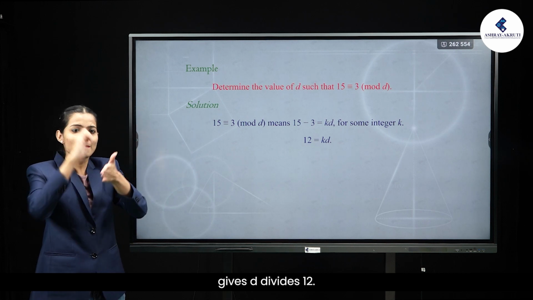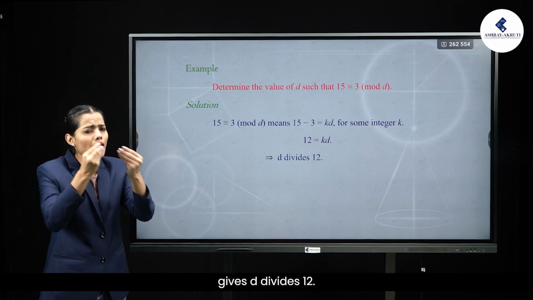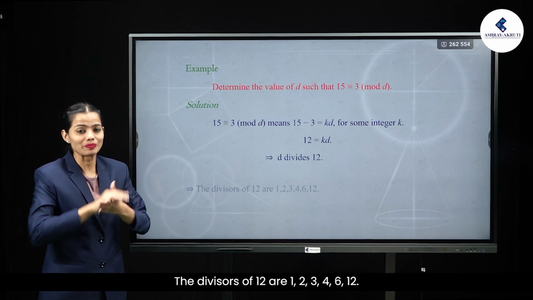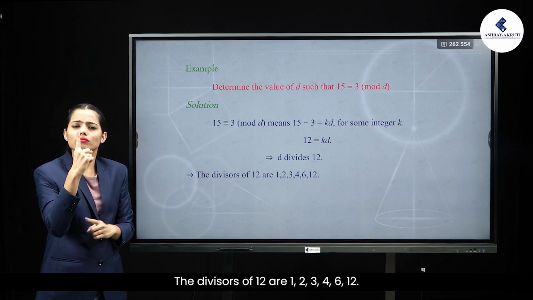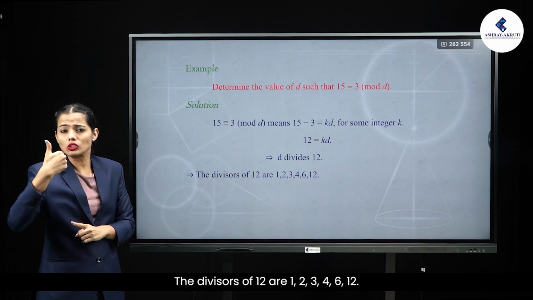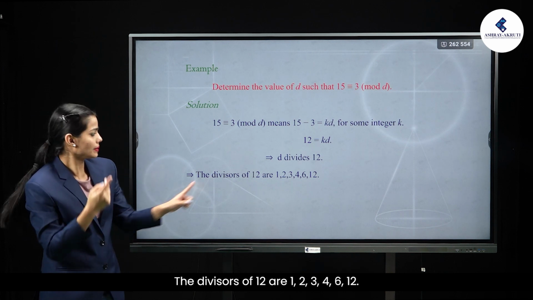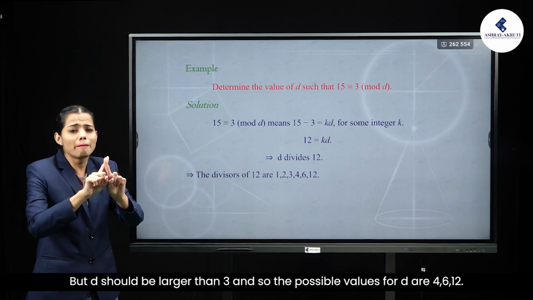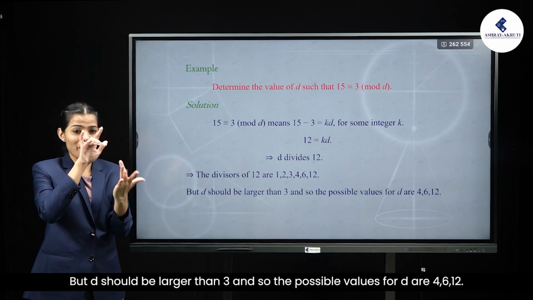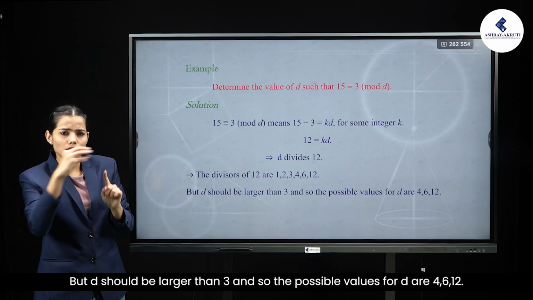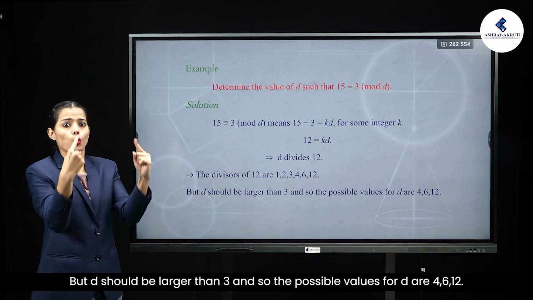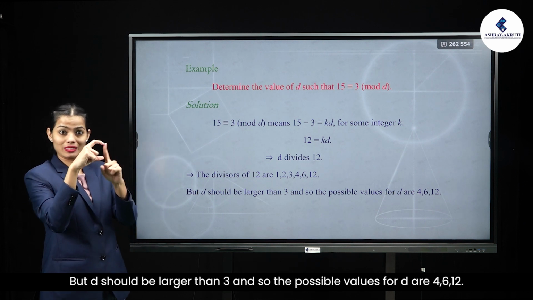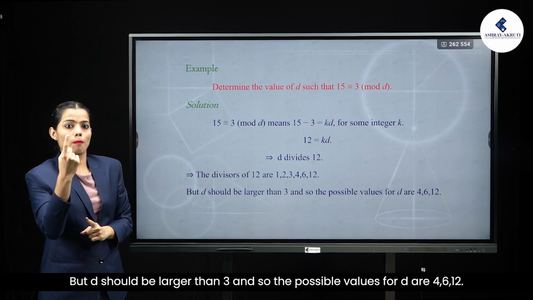This gives d divides 12. The divisors of 12 are 1, 2, 3, 4, 6, 12. But d should be larger than 3, and so the possible values for d are 4, 6, 12.